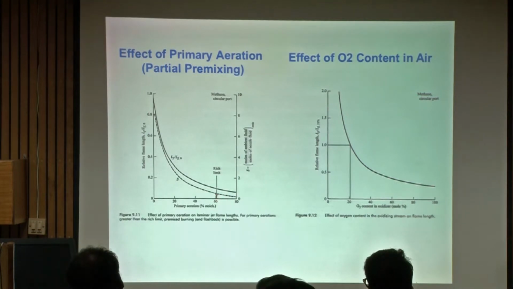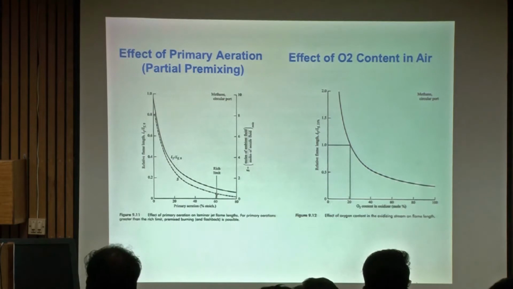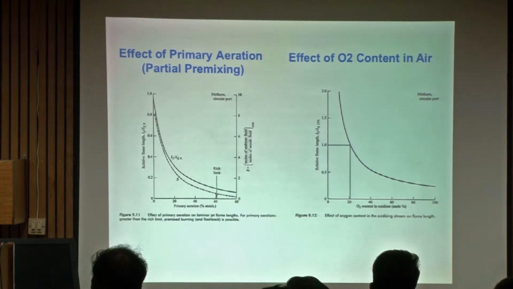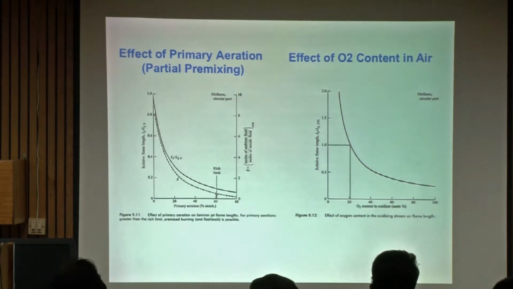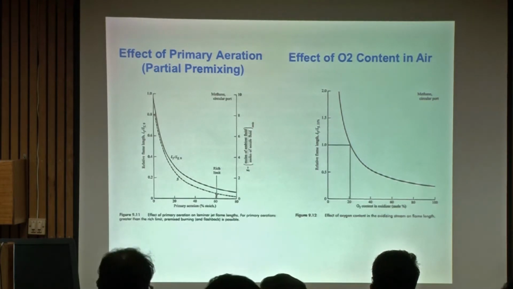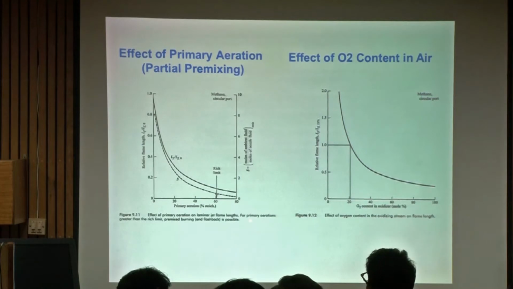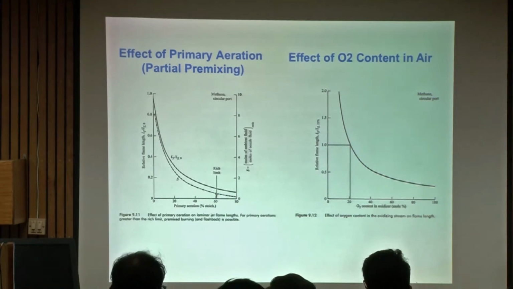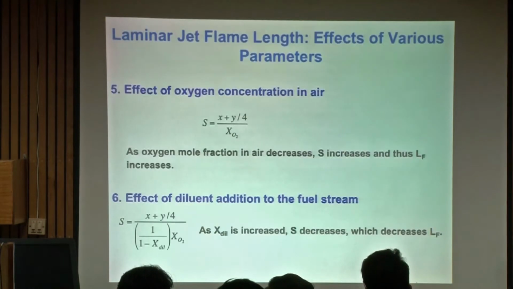For 60%, I think the equivalence ratio will probably be about 1.6, 1.7. So, some value less than 60%. And then we discuss this.